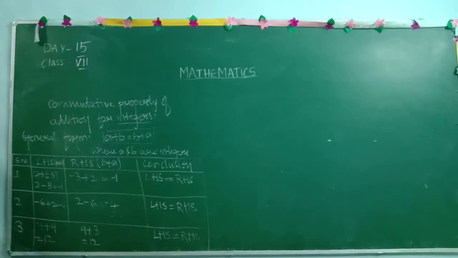If you are adding vice versa by changing their positions, a plus b or b plus a, irrespective of their positions we are getting the same result, and everywhere you are finding the LHS and RHS are equal. So based on this we can say that the commutative property of addition is satisfied for integers.